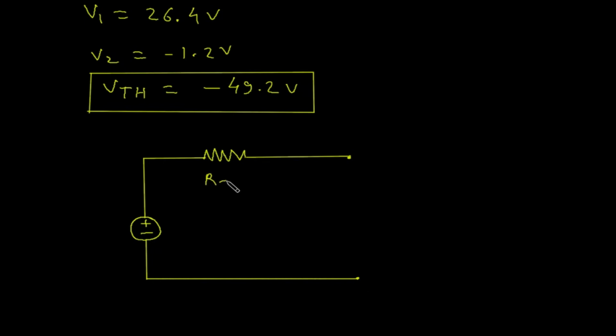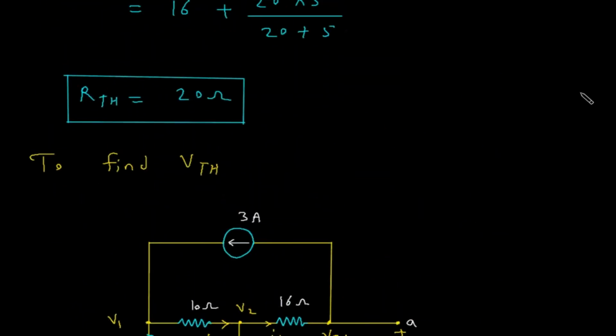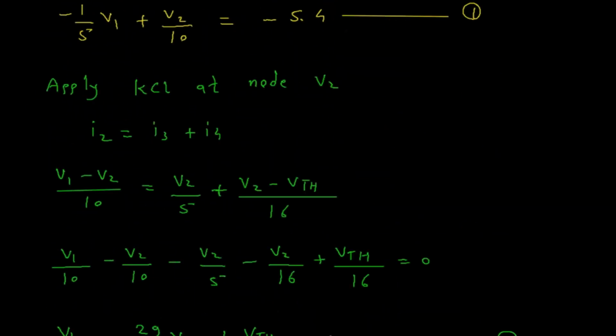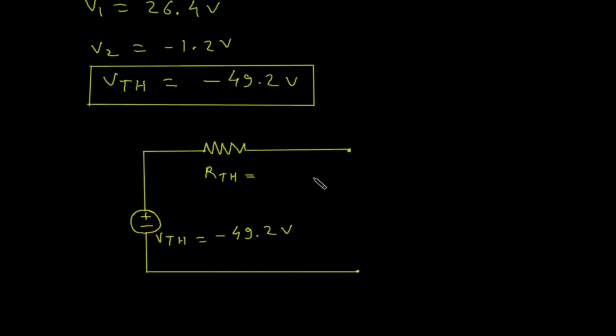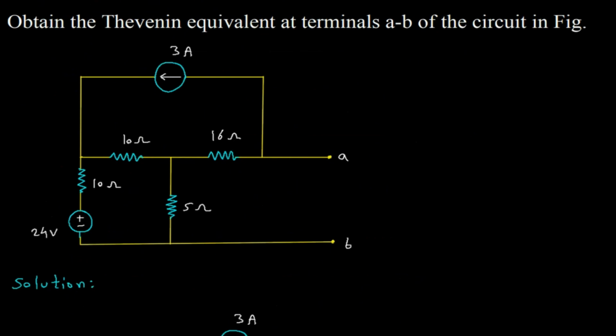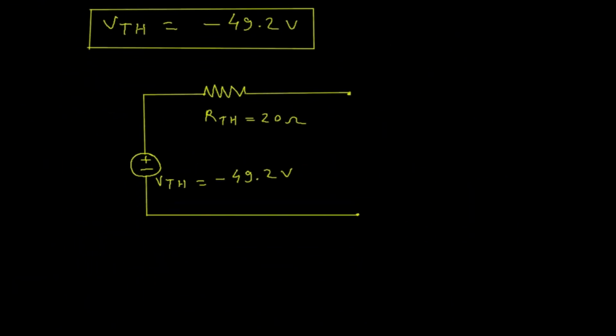VTH is equal to minus 49.2 volt and RTH is equal to 20 ohm. So this is 20 ohm and this terminal is A and this terminal is B.